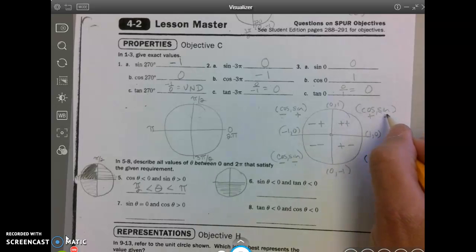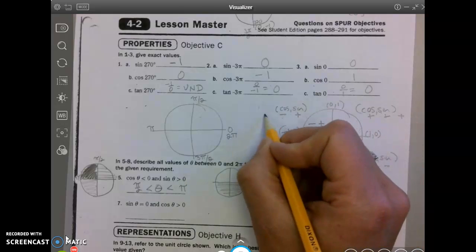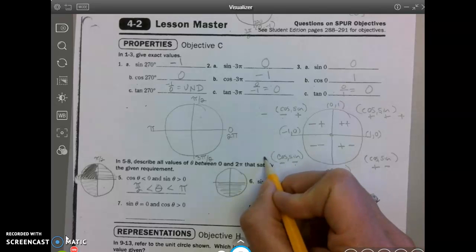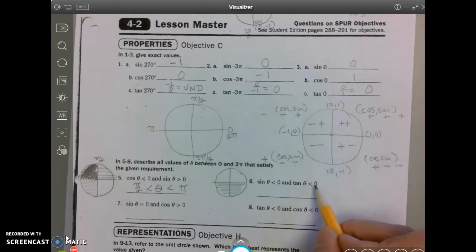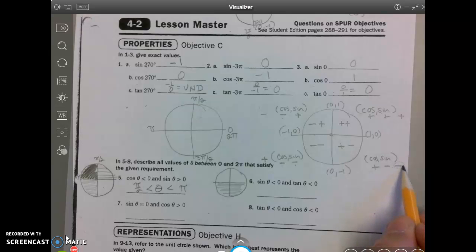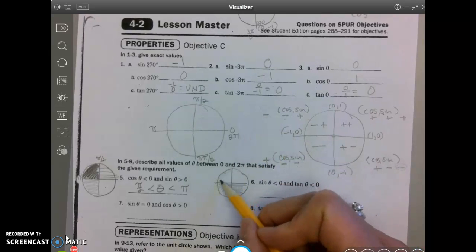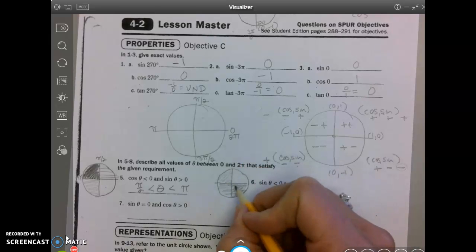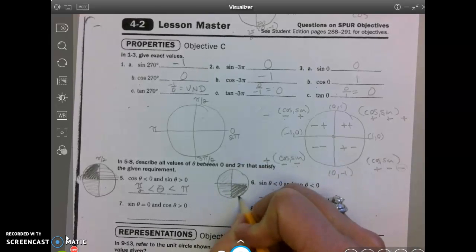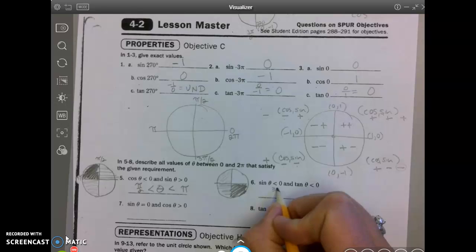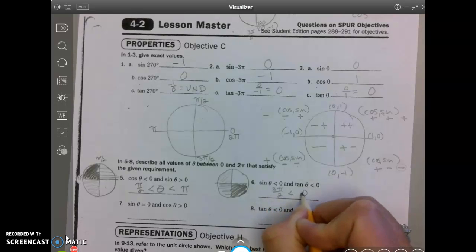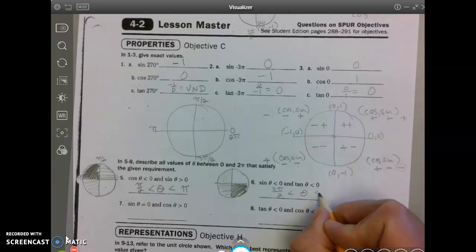So tangent is y divided by x, so positive over a positive is a positive. Positive over a negative is a negative. Negative over a negative is a positive. And negative over a positive is a negative. So where is tangent negative? Tangent is negative here and here in diagonal quadrants. And my overlap happened right there. And that is from 3 pi over 2 to 2 pi.